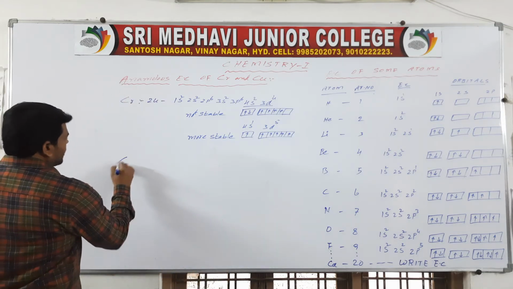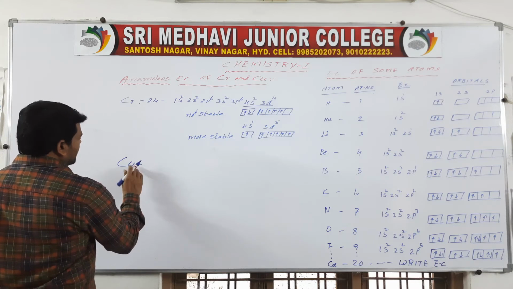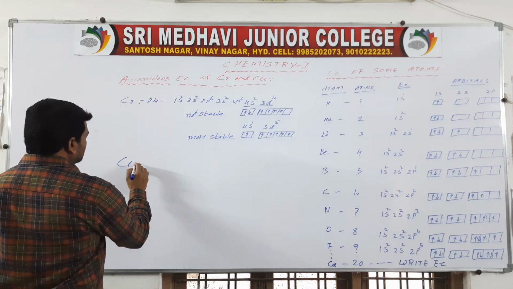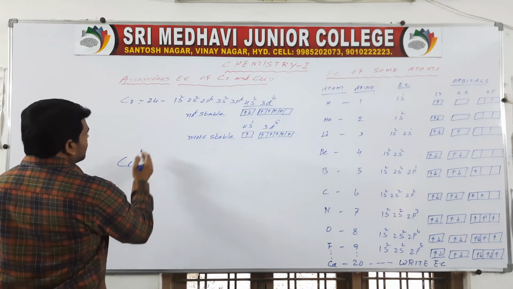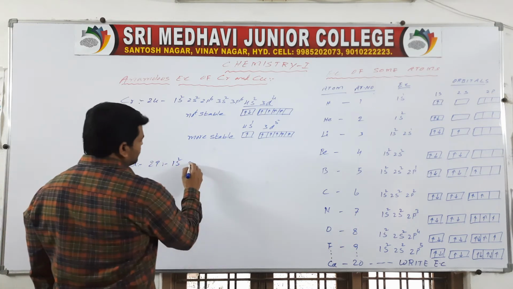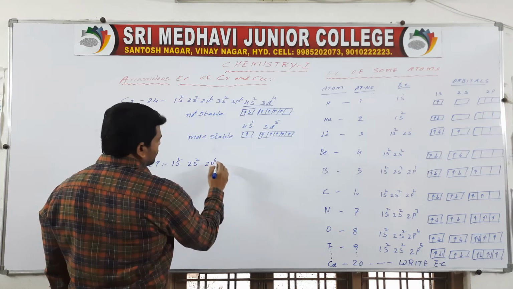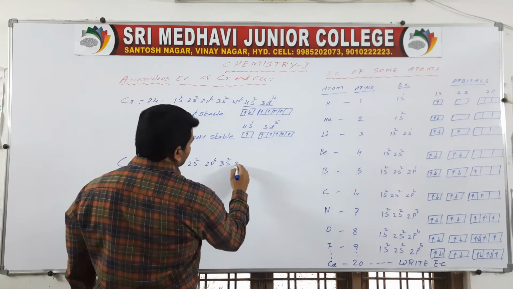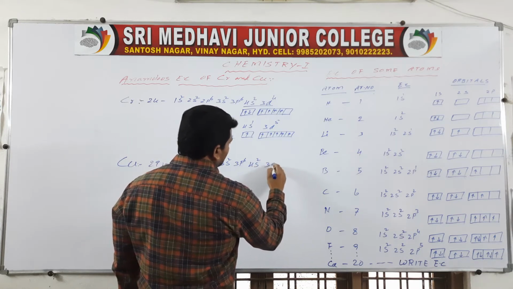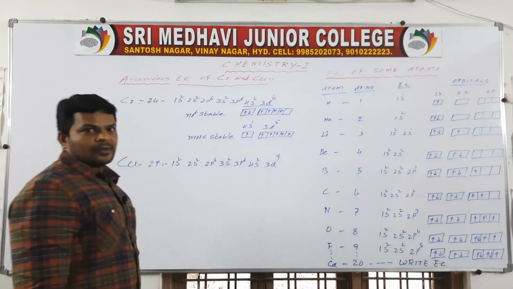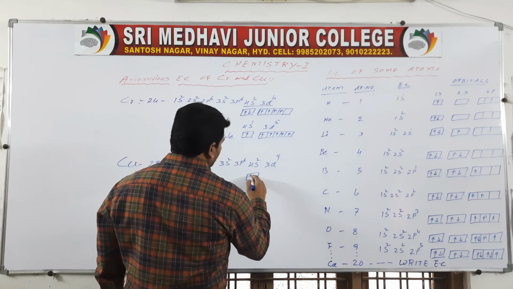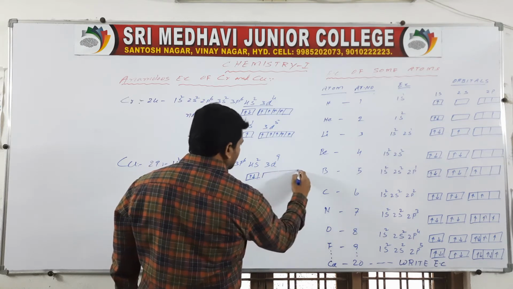In the same way, copper. What is the atomic number of copper? Copper is 29. Electronic configuration 1s2, 2s2, 2p6, 3s2, 3p6, 4s2, 3d9. 4s2, 3d9 means in s how many electrons? 2, which is stable.